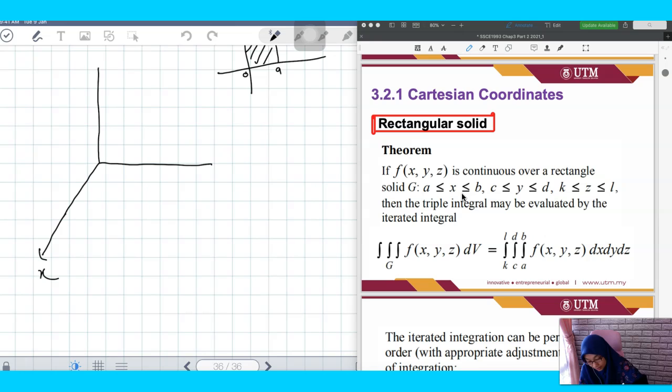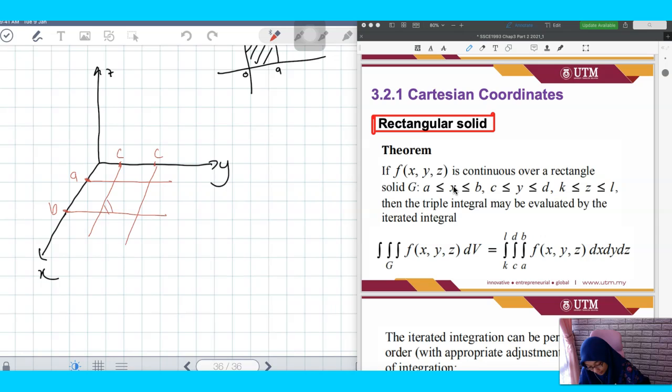This is x, this is y, and this is z. Now x is from A to B, and that is the line. Then y is from C to D. This is C, and this is D, so I draw a line.